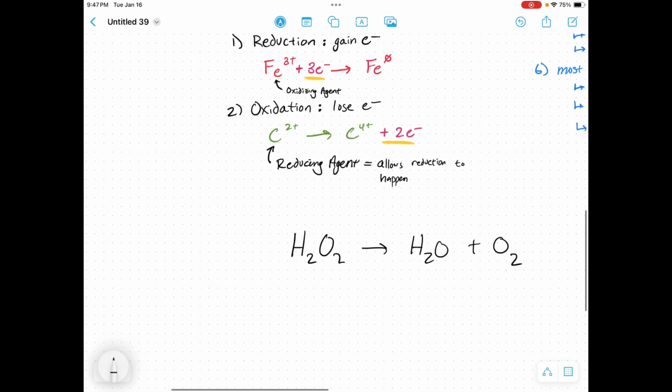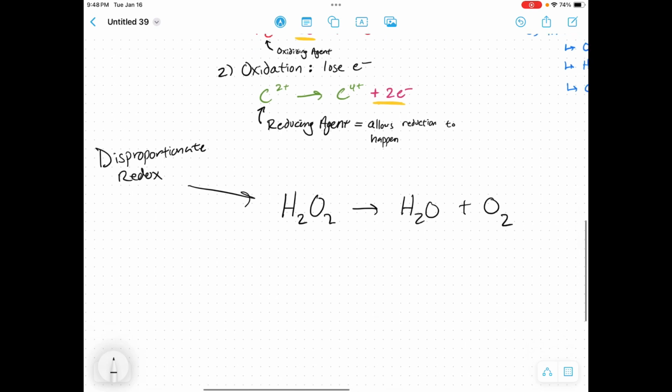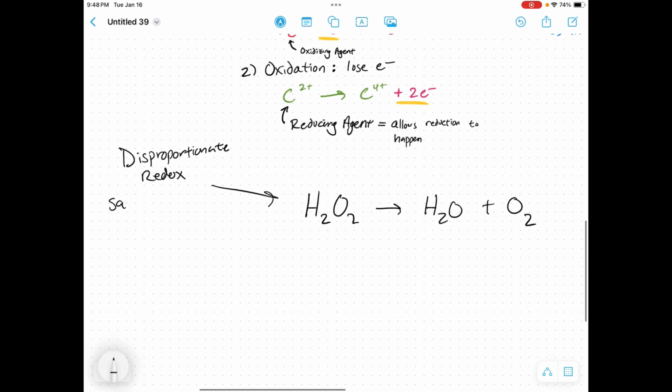I will give you a little hint: this is a special type of redox reaction. We call this disproportionate redox because the same element is being oxidized and reduced.